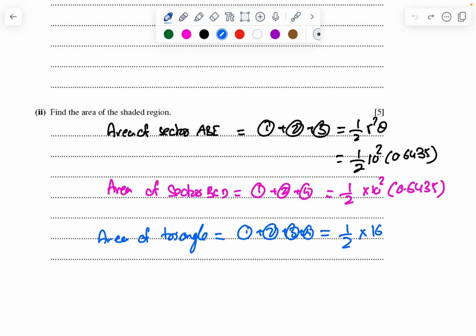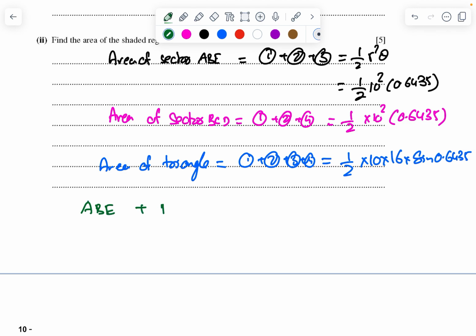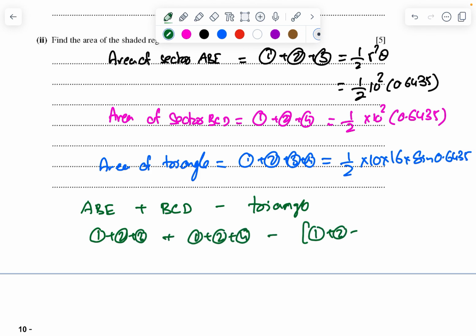If we don't know the height, we can do half times 10 times 16 times sine of 0.6435. Now what am I going to do? Area of sector ABE plus BCD minus area of the triangle. If I do that, what I'll be getting is 1 plus 2 plus 3 plus 1 plus 2 plus 4 minus 1 plus 2 plus 3 plus 4.